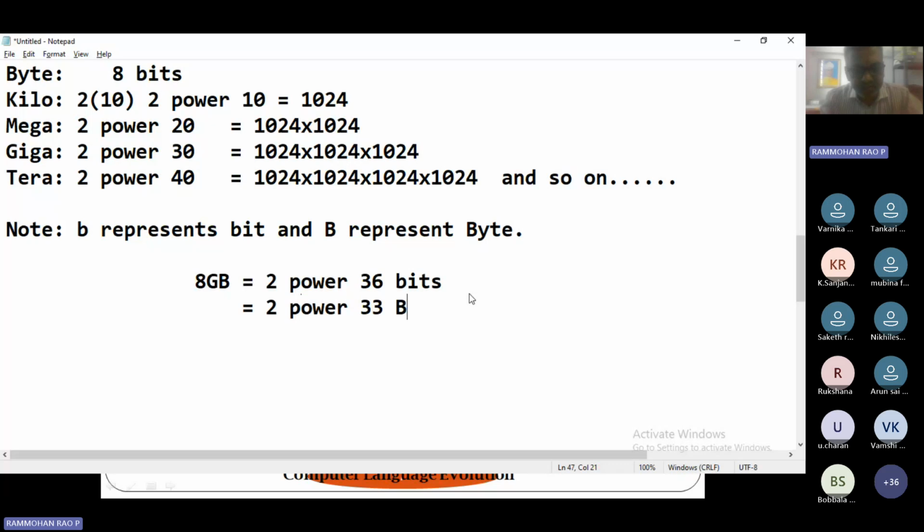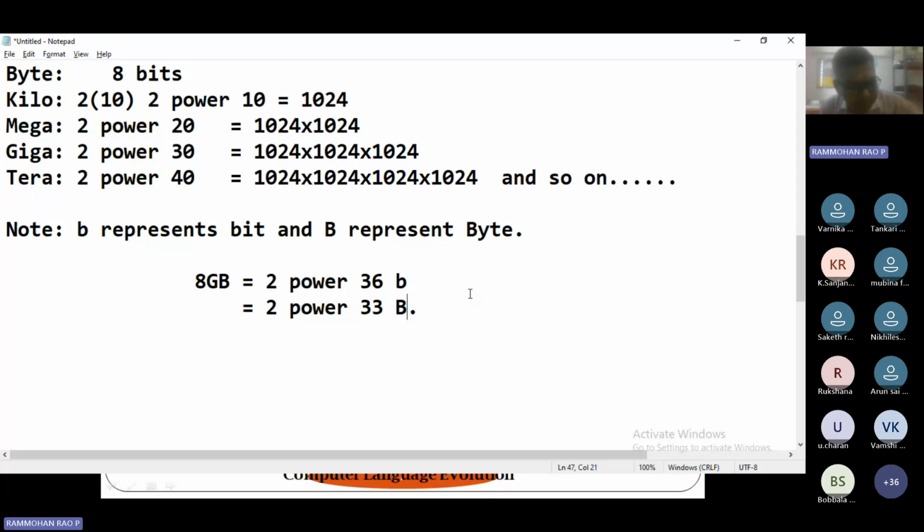You should be careful. Wherever it is capital B, it is byte, and wherever it is small b, it is bits. People will not write it out fully because there is a notation for it. Capital B means byte, small b means bits. So how much is 8 GB? How many bytes is it? 2 power 33 bytes. How many bits is it? 2 power 36 bits.